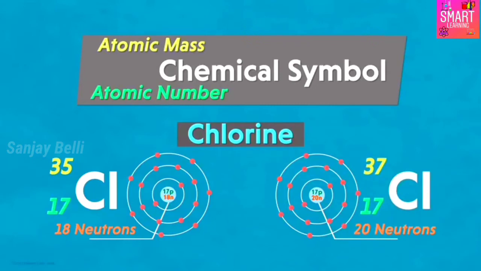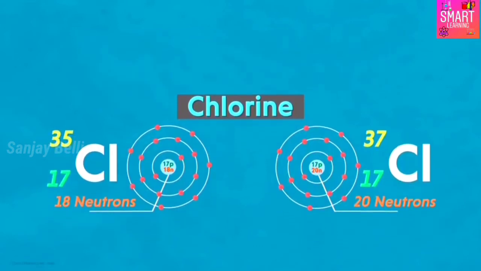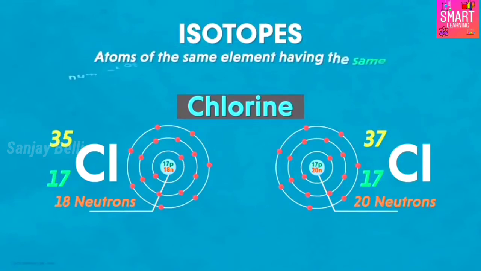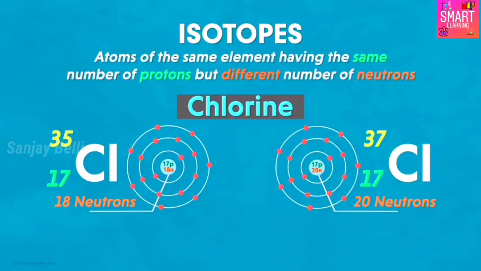However, we now need to understand what exactly that is. There are many such cases. Atoms of the same elements exist in different forms. These forms are called isotopes. Yes, in simple words, isotopes are defined as the atoms of the same element having the same number of protons but different number of neutrons.